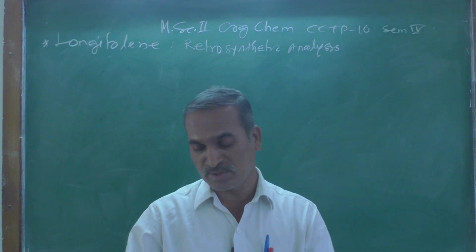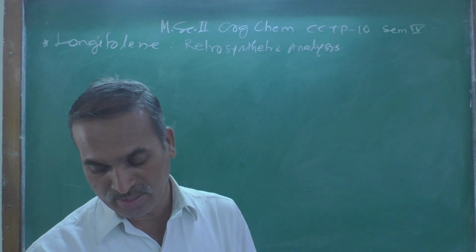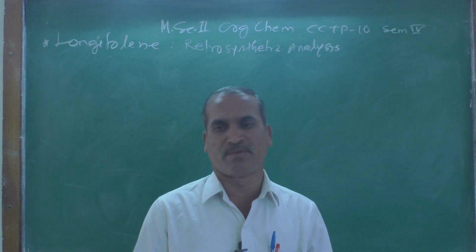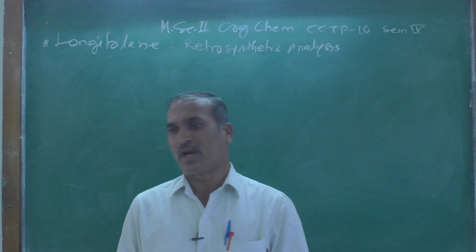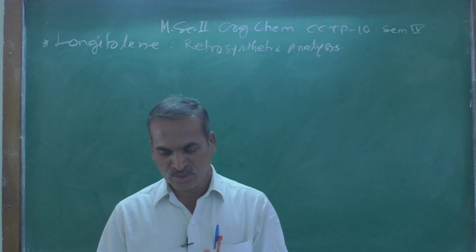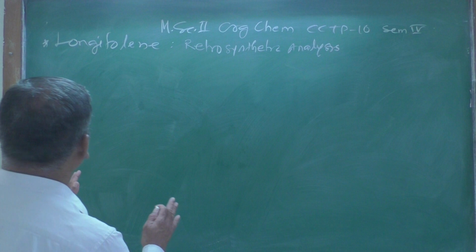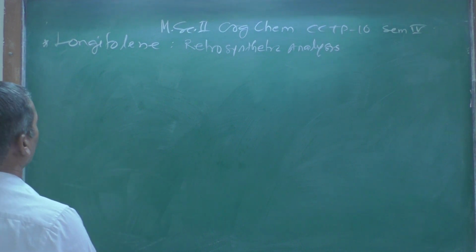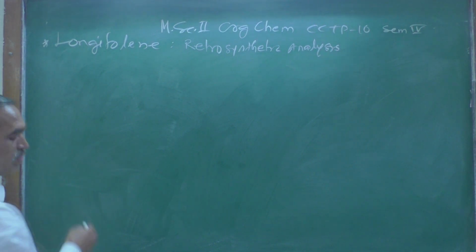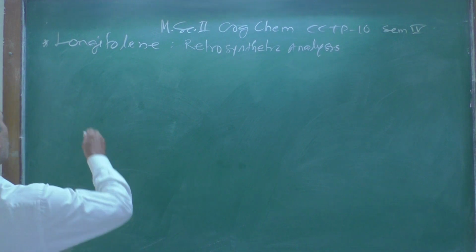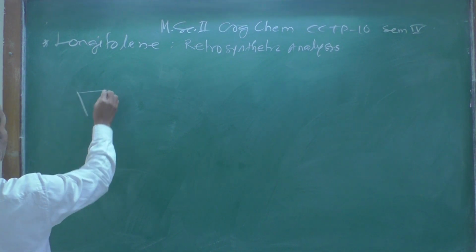Retrosynthetic analysis means what? As we know, there are various different terms used during retrosynthetic analysis. So let us see once again, that is a target molecule. What will be the structure of longifolene? As we know, the structure of longifolene will be this one.